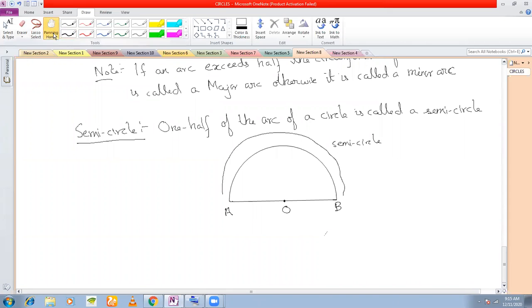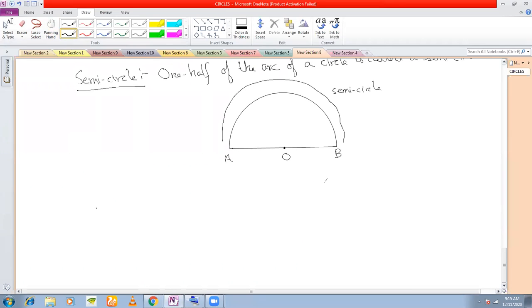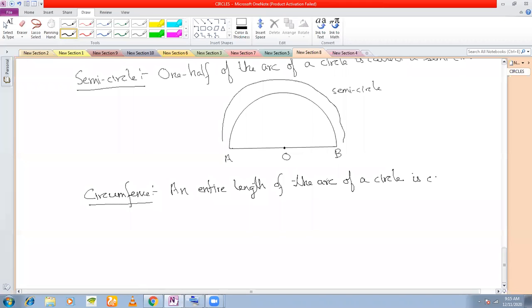Next, circumference. The entire length of the arc of a circle is called its circumference.